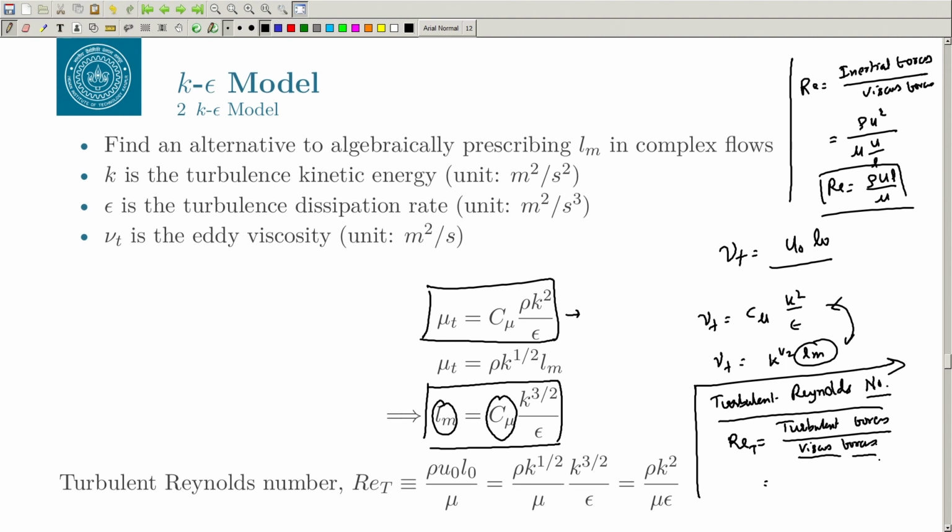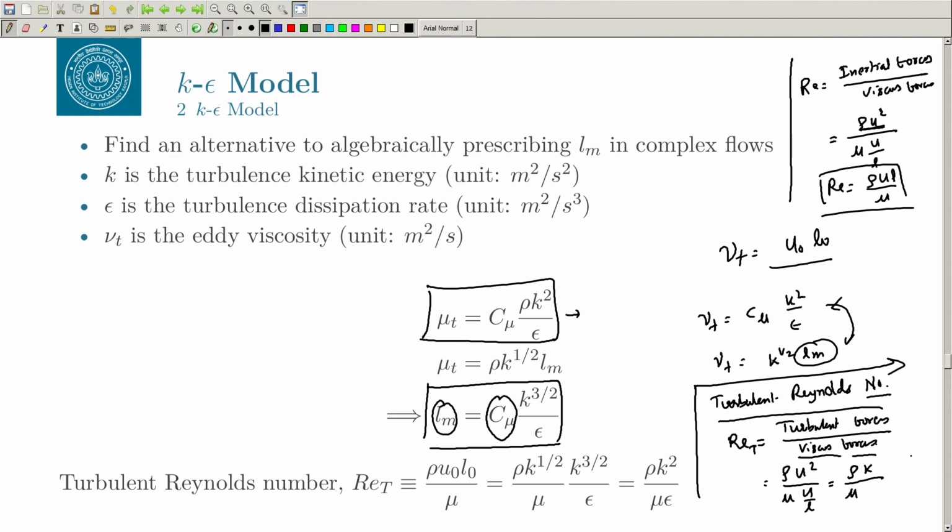So, if you can elaborate it, okay. So, we will be writing it, so this will be rho u square, okay. So, we have to see what is the u square definition, divided by mu u by L, right. So, for the turbulent forces, the u square definition will be turbulence kinetic energy, because u is k to the power half. So, u square will be rho k, and mu, and this will be k to the power half.